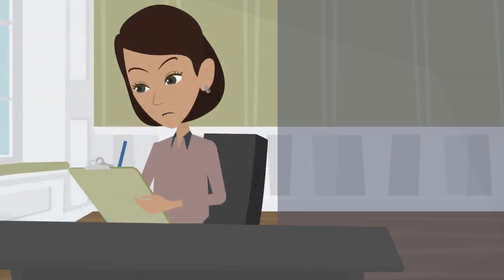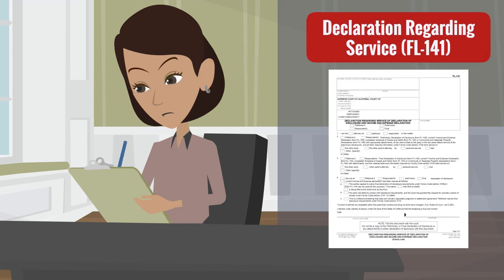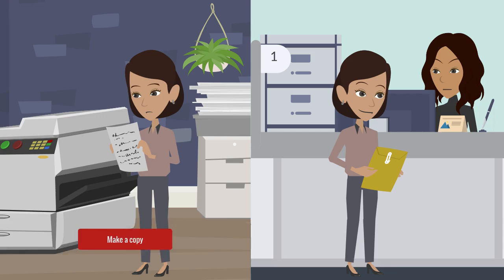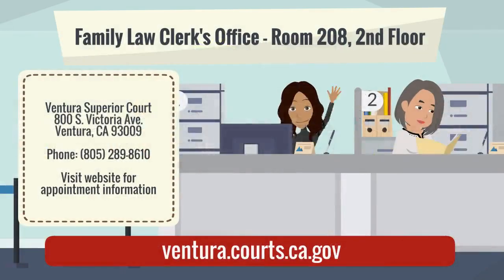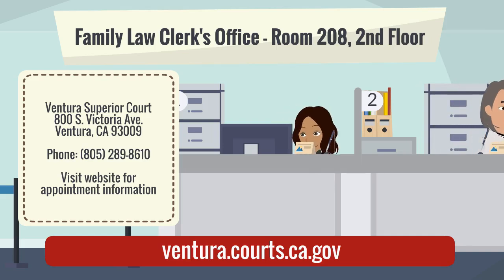Once you have mailed or personally delivered a copy to your spouse, you will complete the Declaration Regarding Service, FL 141. Once the FL 141 is completed, you will make one copy and file it with the Family Law Clerk's office. Please check the court's website for hours of operation and appointment information for the clerk's office.